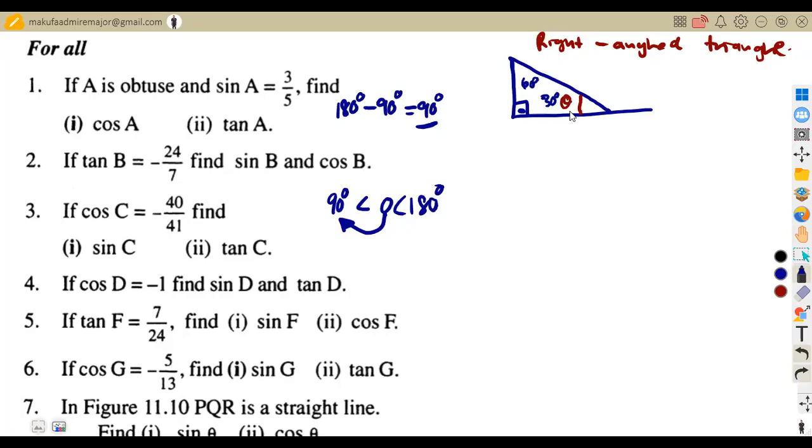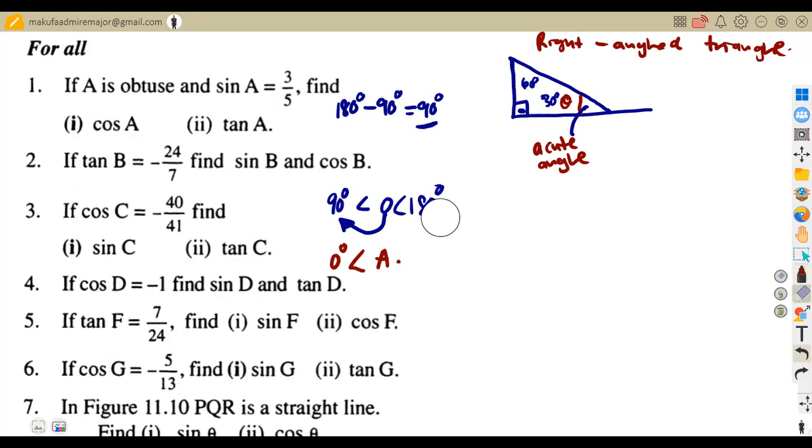So the theta that we see here inside a right angle triangle represents an acute angle. Why? An acute angle is greater than 0 but less than 90. Definitely this angle must be less than 90 because they are adding up to 90.